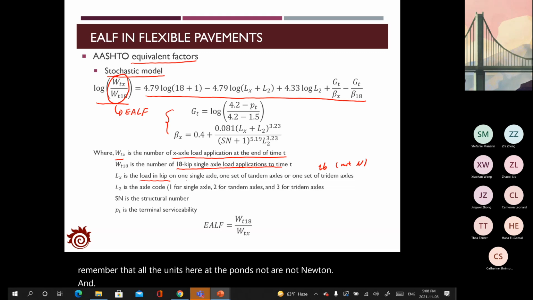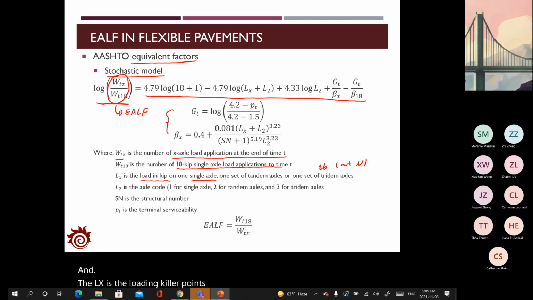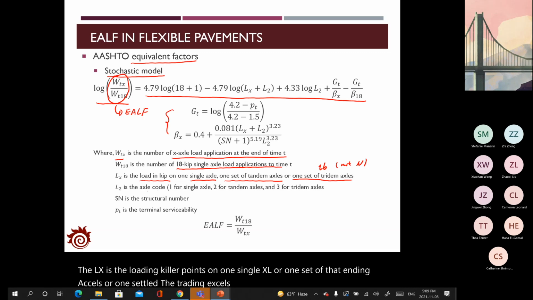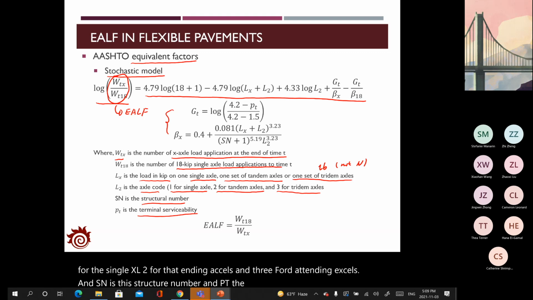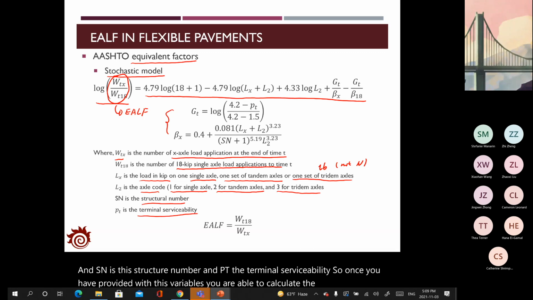Lx is the load in kilopounds on one single axle, or one set of tandem axles, or one set of tridem axles. And L2 is the axle code. It would be 1 for the single axle, 2 for the tandem axles, and 3 for the tridem axles. And Sn is the structure number, and Pt is the terminal serviceability. So once you are provided with these variables, you are able to calculate the value of the load factor.